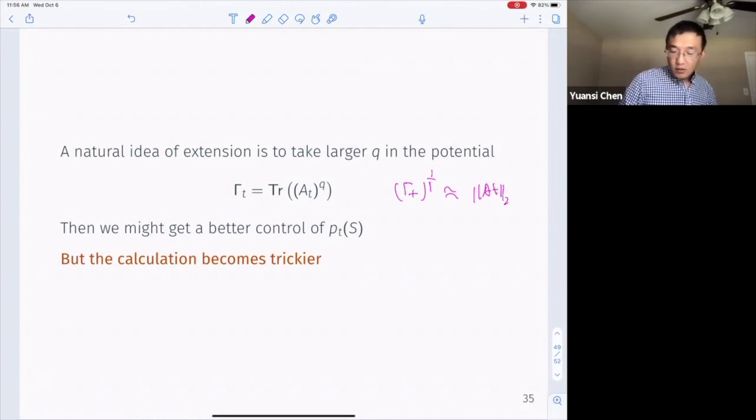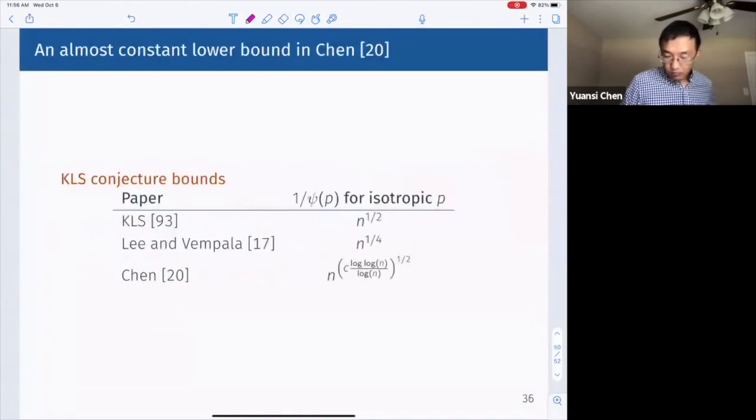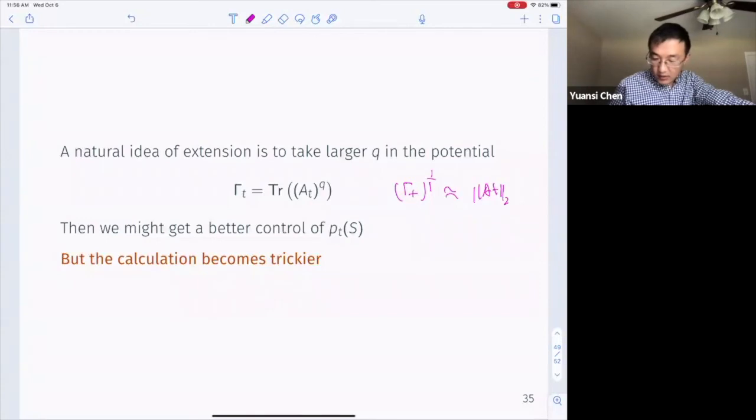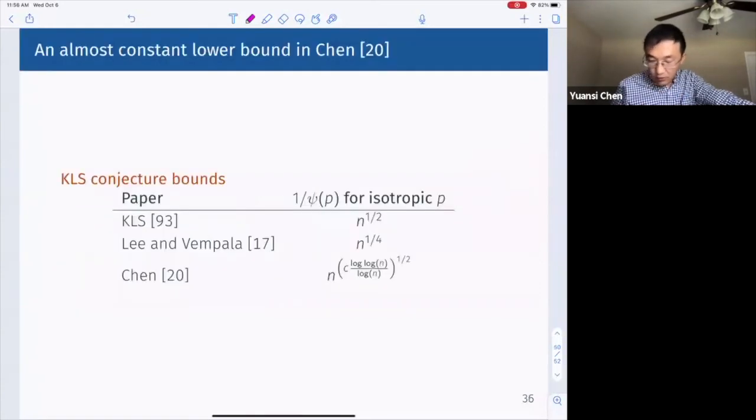So we might get better control of this p_t, but the calculation becomes trickier, and that basically stuck them. They have some calculation like this in their paper, but got stuck at some point.